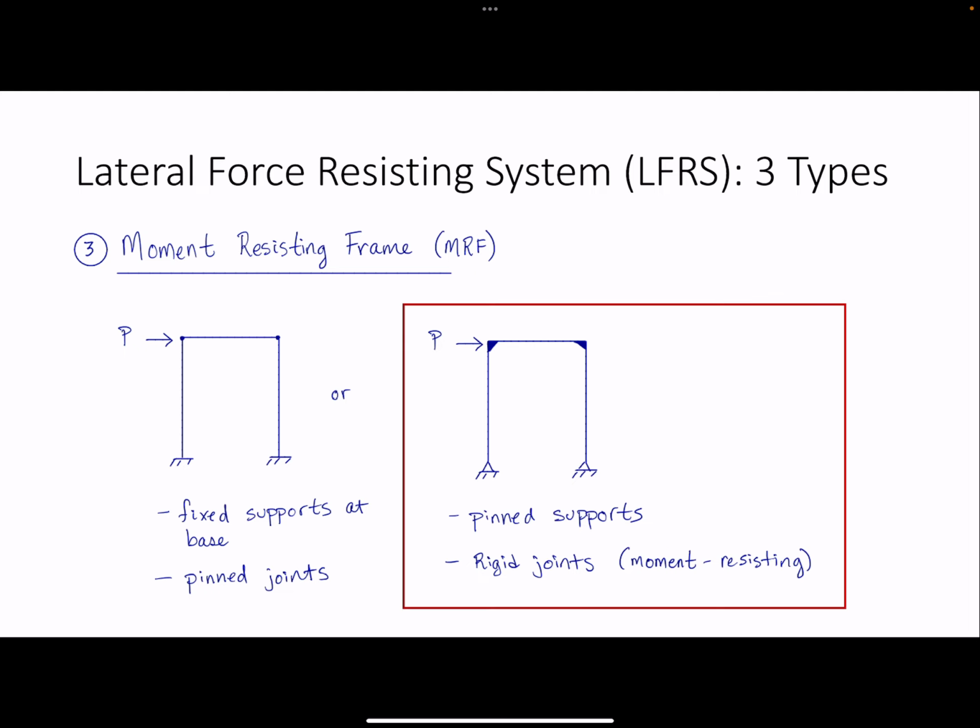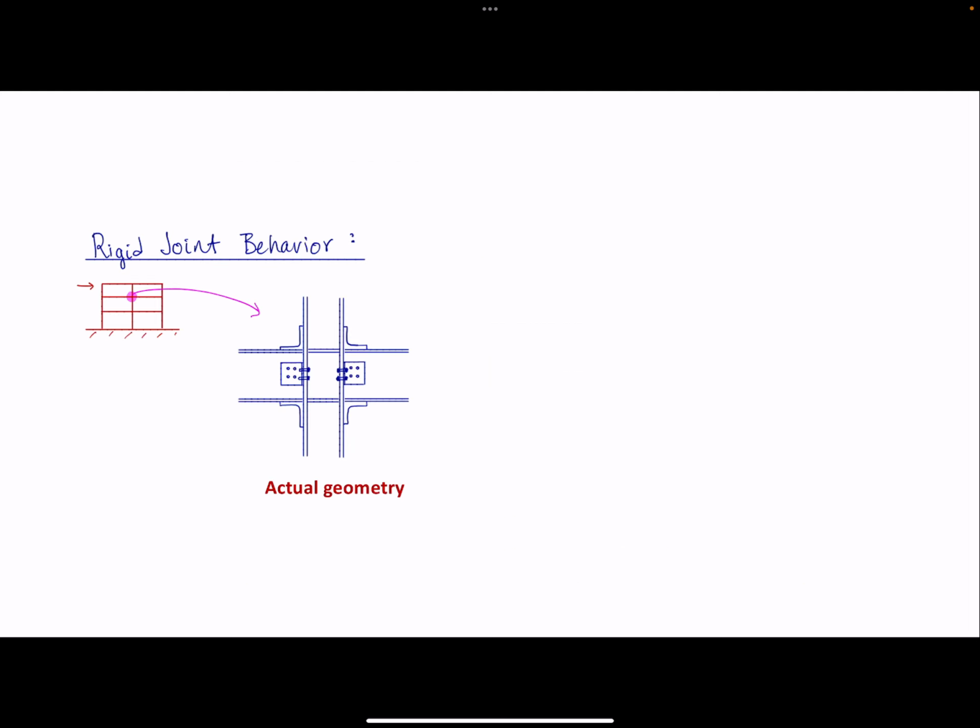All right, so first we'll look at the pin supports and rigid joint condition. This is going to introduce the idea of rigid joint behavior. If we have a frame with a rigid joint and we zoom in on that joint, this is what the actual geometry might look like. You've got the flange connections to make that rigid. You have the continuity between the flanges through the column, as well as the bolted plate connection there.